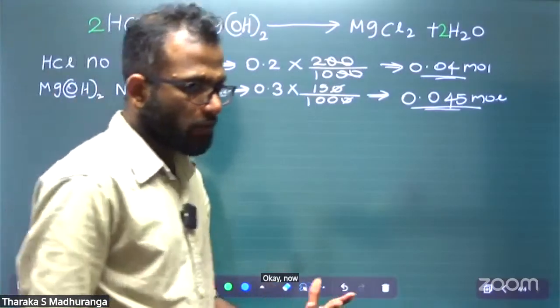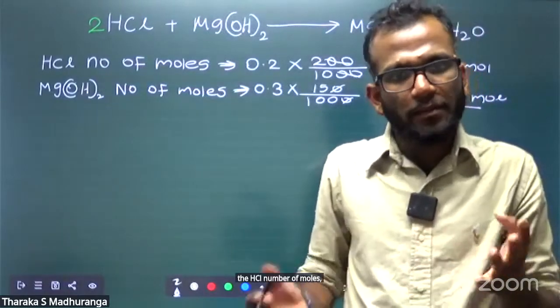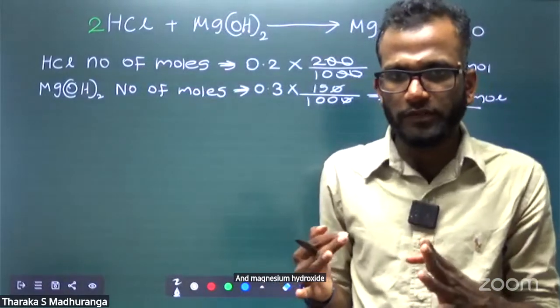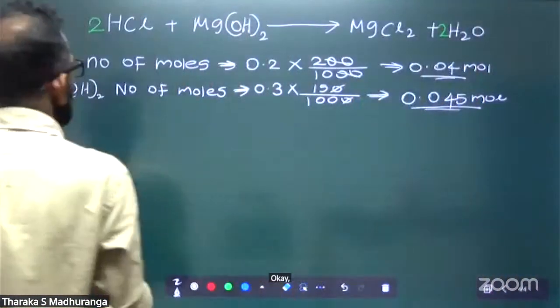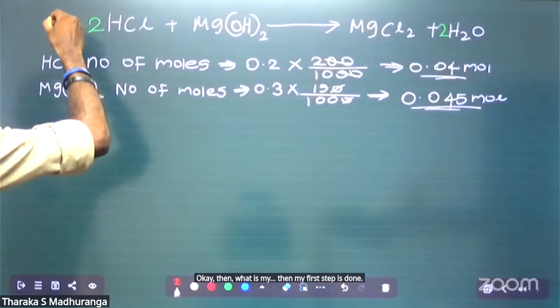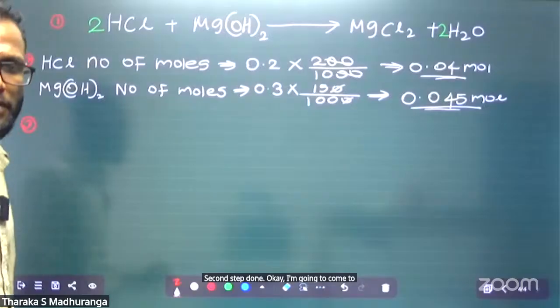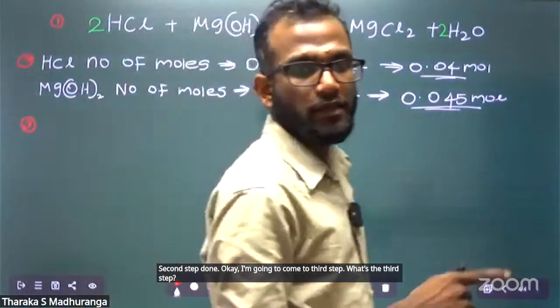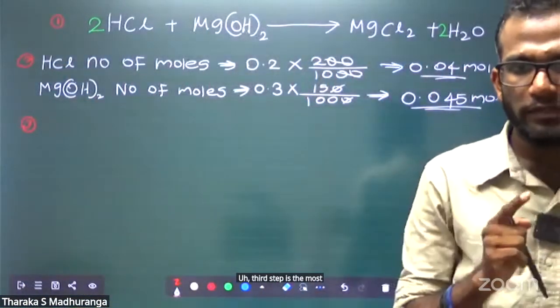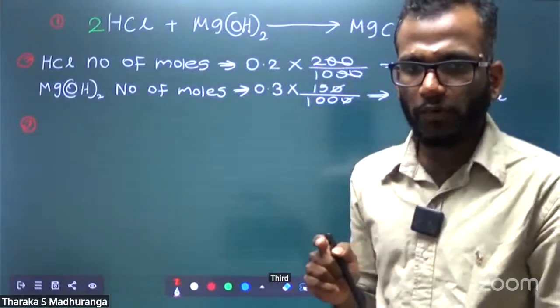Okay, now I have found the HCl number of moles and the magnesium hydroxide number of moles. Second step done. I'm going to come to the third step. The third step is the most important point.